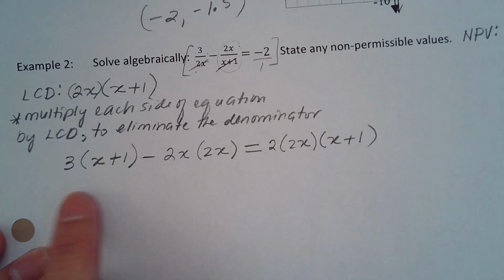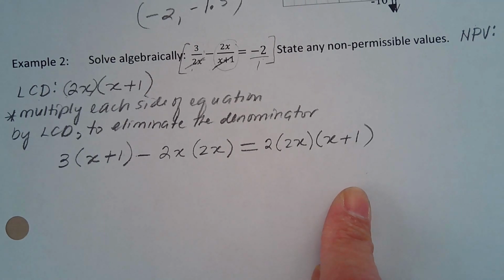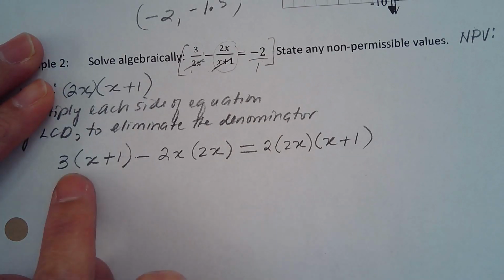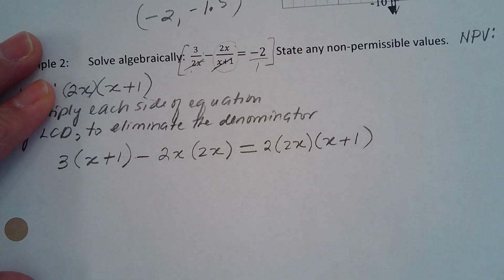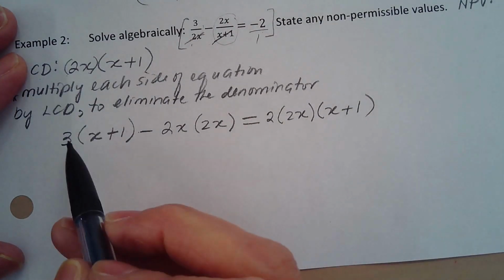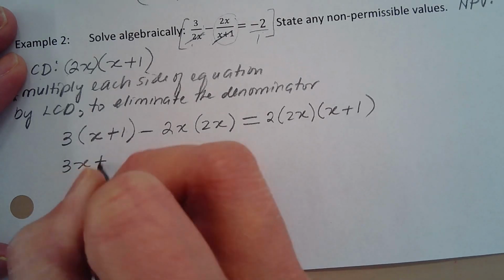So, like what we said, by multiplying each side of the equation by the LCD, we've totally eliminated the denominator, which is great. Now we have just this one. So let's expand it first and then organize it, right? So 3 times x plus 1 would be 3x plus 3.